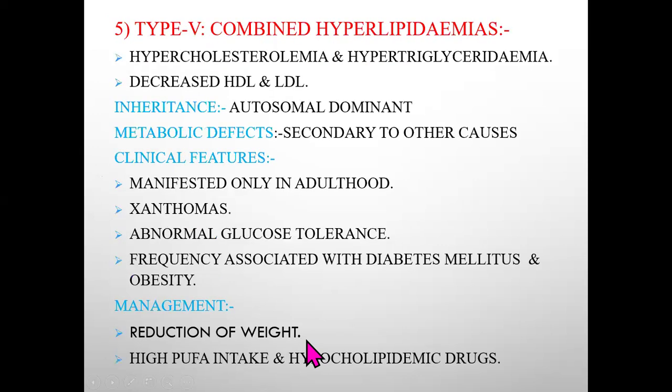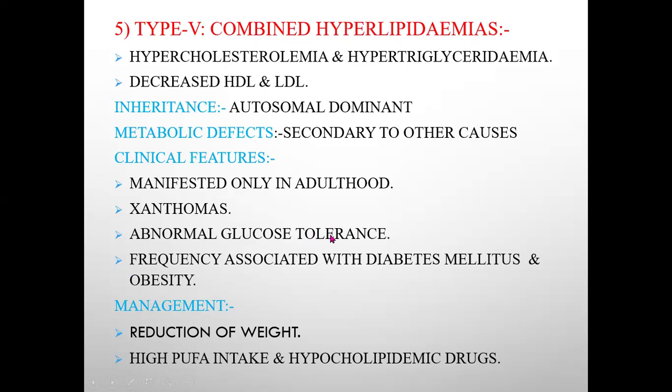So type 5 is combined hyperlipidemia, and we have hypercholesterolemia and hypertriglyceridemia, with decreased HDL and LDL. Inheritance is autosomal dominant also. Metabolic defect is secondary to other causes.